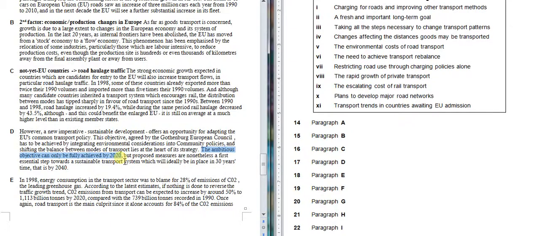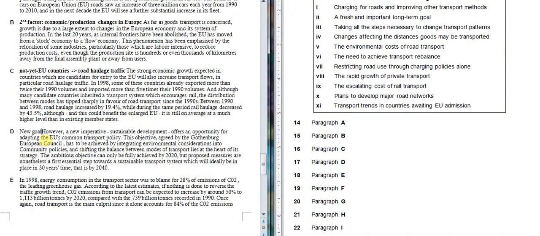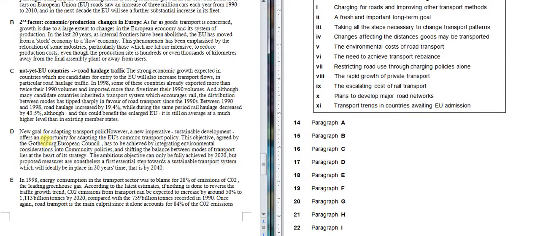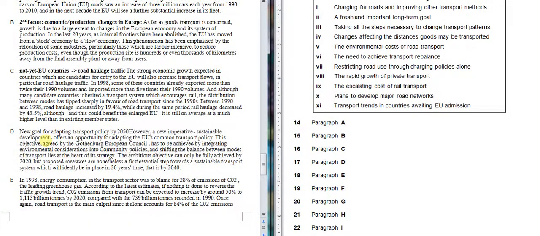Okay, and I also see that it can only be done by 2020. So this idea is the timeline, right? So what is the objective and what is the timeline? Okay, by 2040 looks like is the end. So let's do new goal for adapting transport policy by 2040.